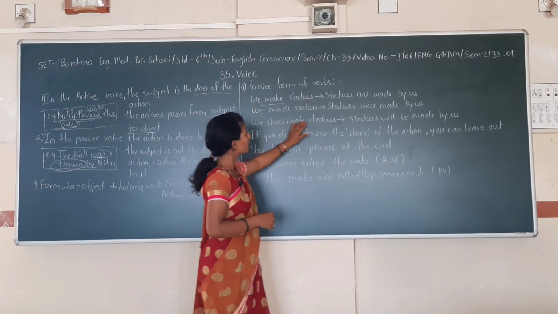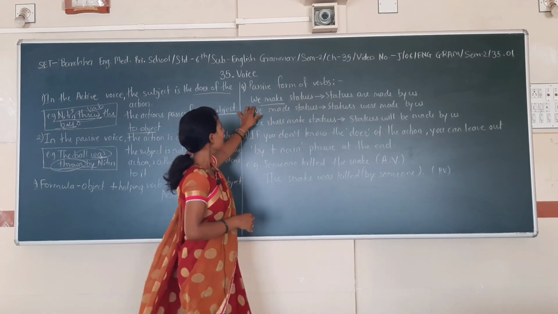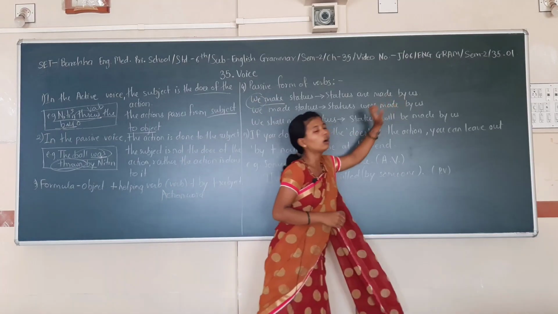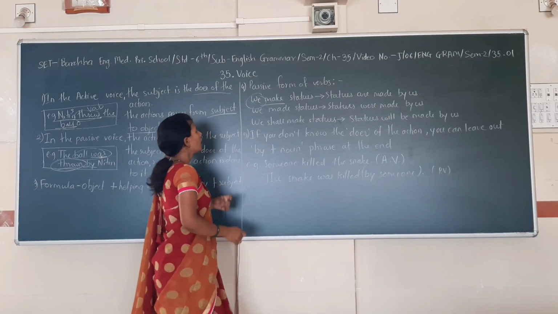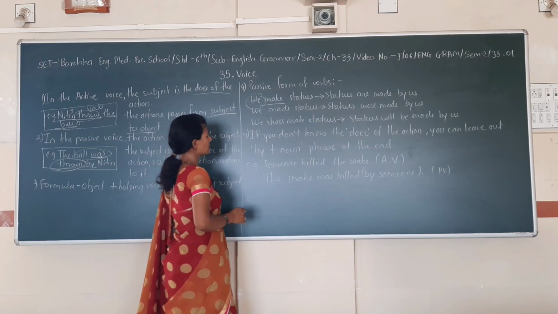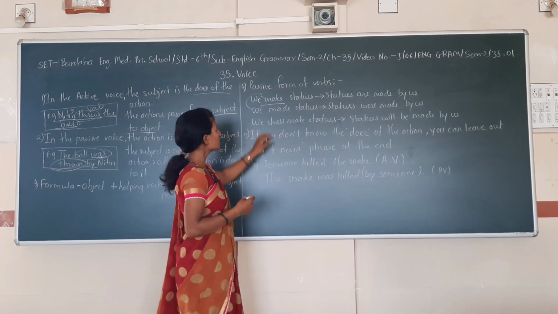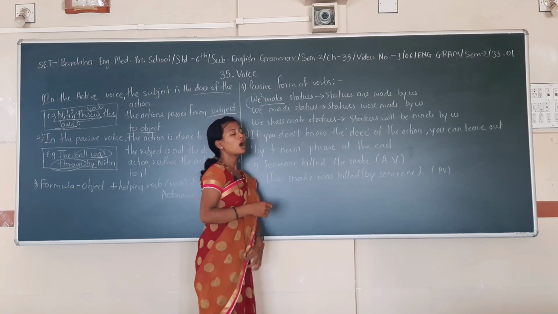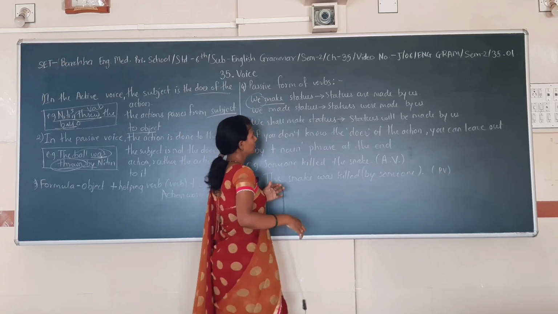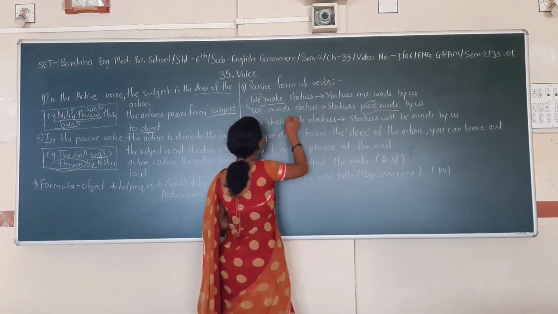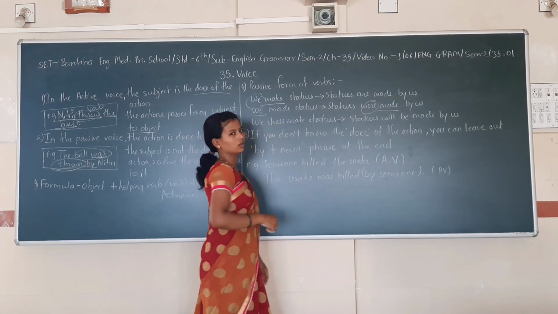So make will become made, and we will become us. Again, the second sentence: "We made statues." Now it will become "Statues were made by us." Made will remain the same, but before that you have to use were.